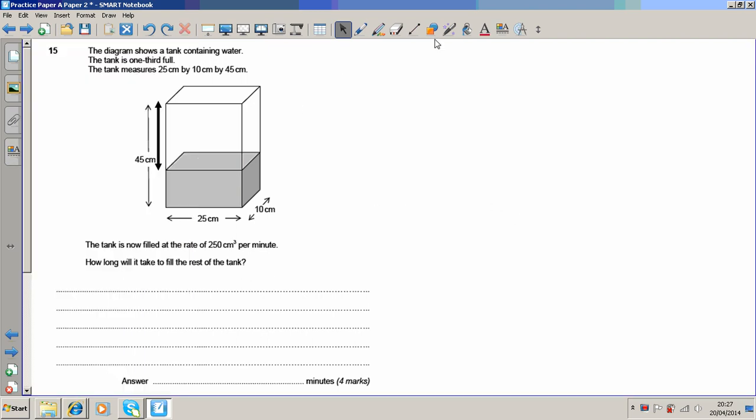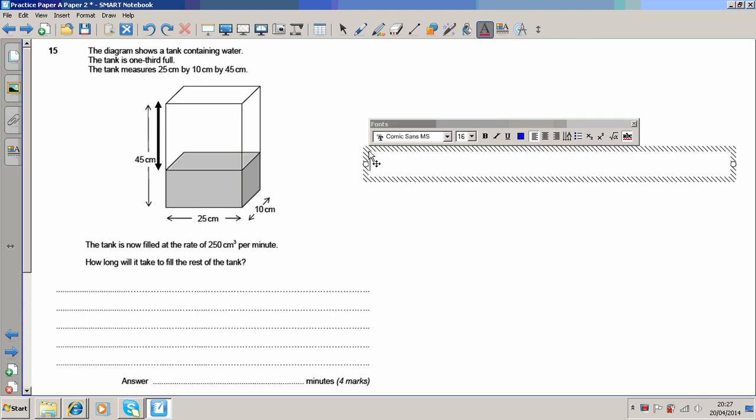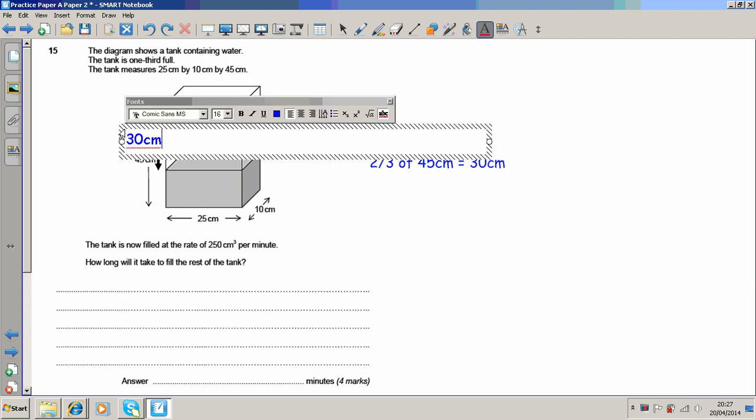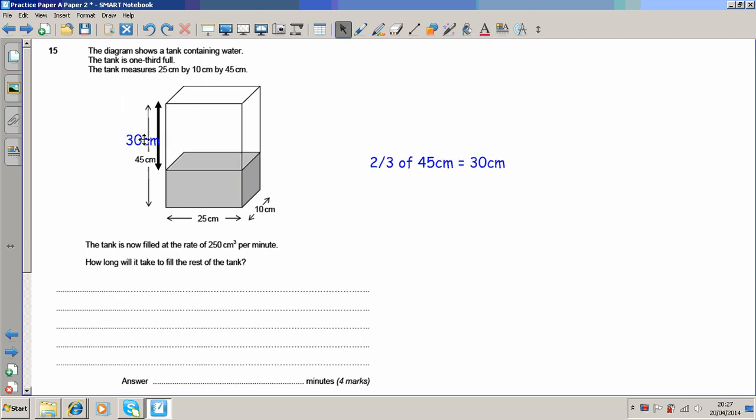Okay, so that length there is going to be 2/3 of 45 centimetres, which is 30 centimetres. So that length there is 30 centimetres.